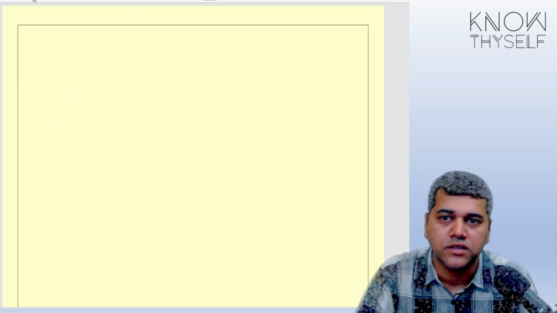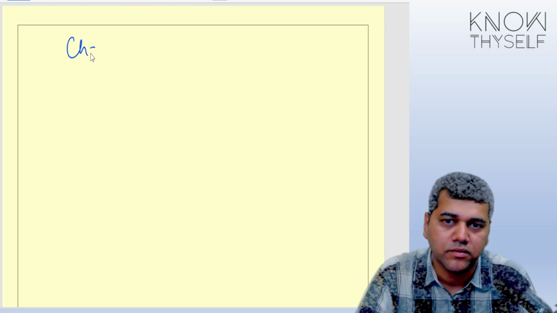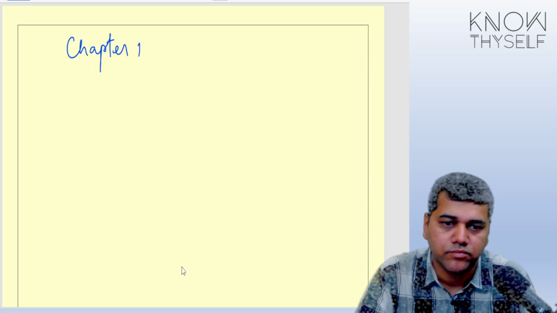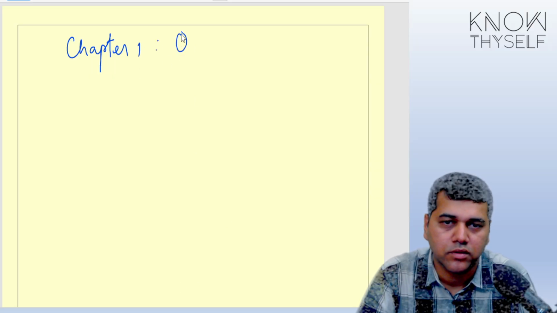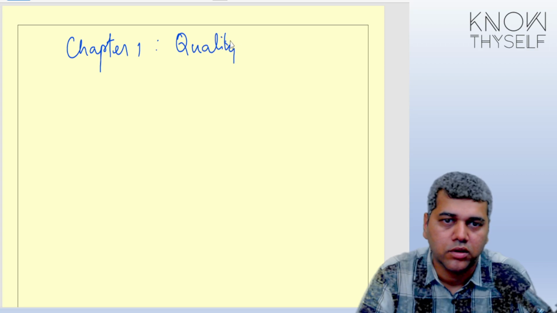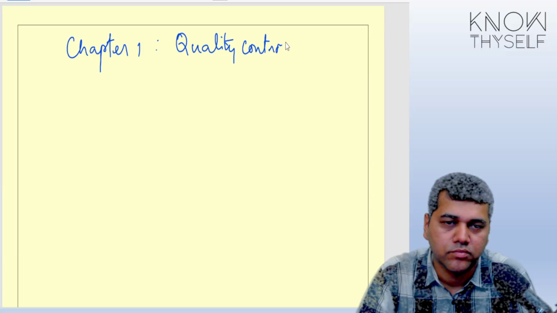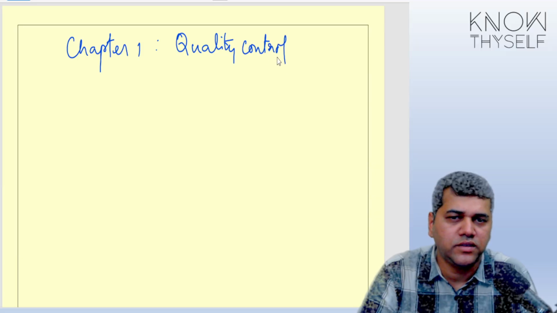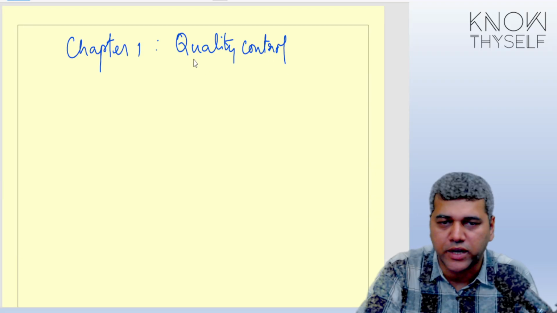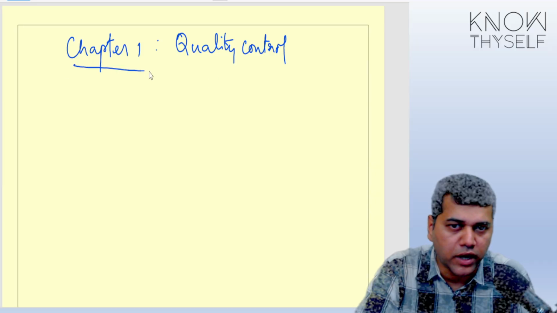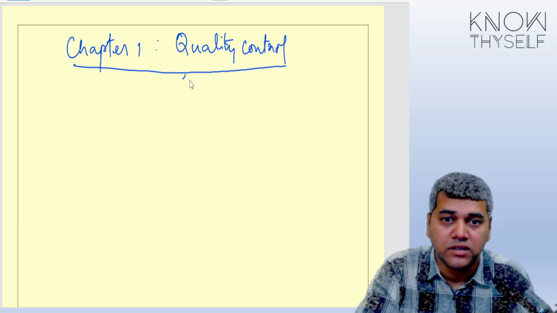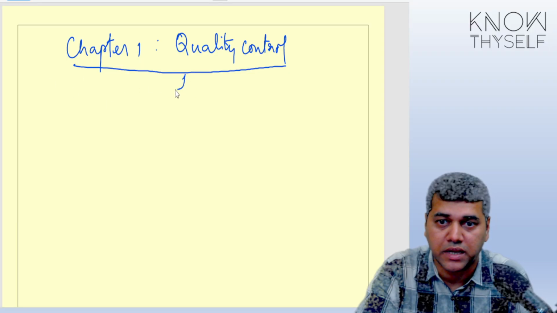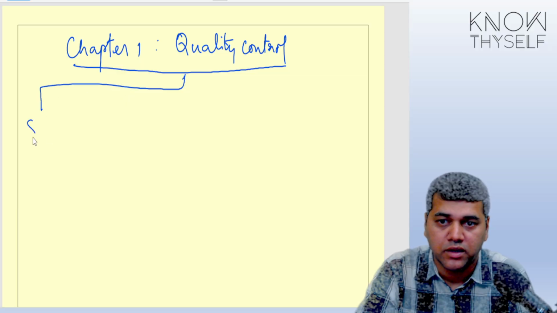First, chapter 1, quality control. Mind map is nothing but a concept book actually. So first we have to identify how many concepts are there. Primarily, there are 3 concepts.